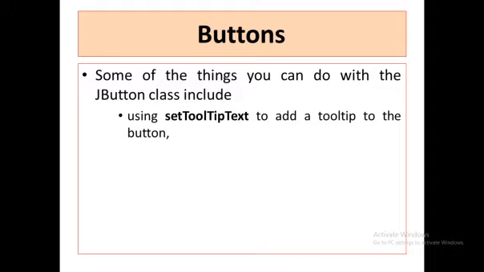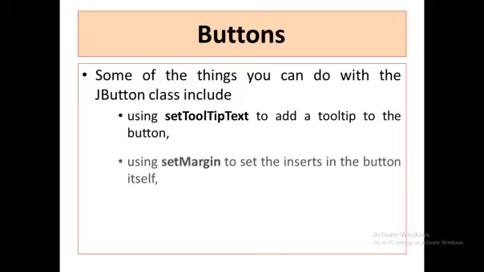It means it gives us one tip, right? Whenever we click on that button, what may happen? So before clicking that button, we may have the tip to perform that particular task.